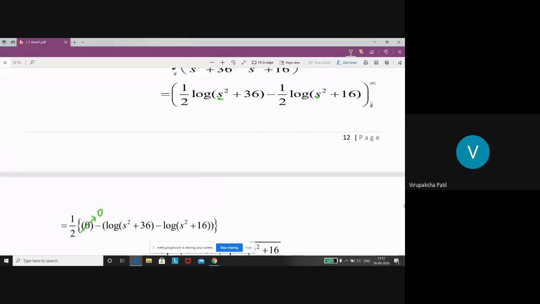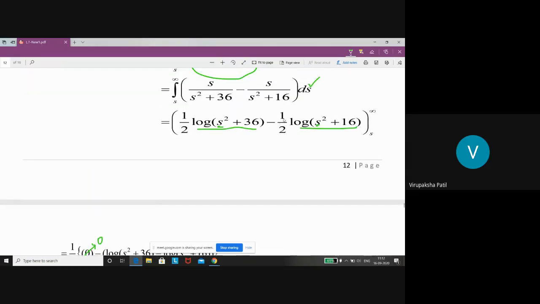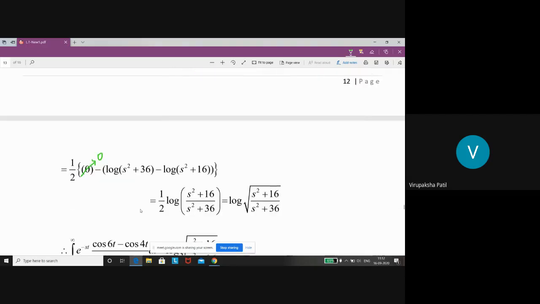Now I will put the lower limit here. If you put the lower limit, these quantities remain as they are. That is minus log s square plus 36 minus log s square plus 16, whatever you are having here, because already we have taken 1 by 2 outside. So now this 1 by 2 is as it is. Now taking this minus sign inside, this becomes log s square plus 16 minus log s square plus 36.